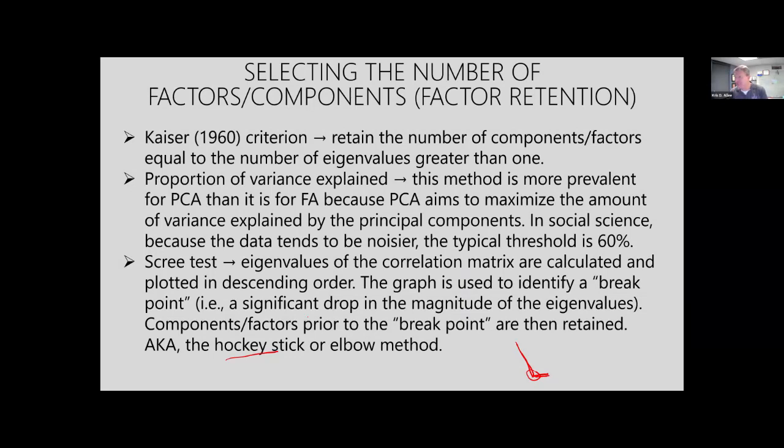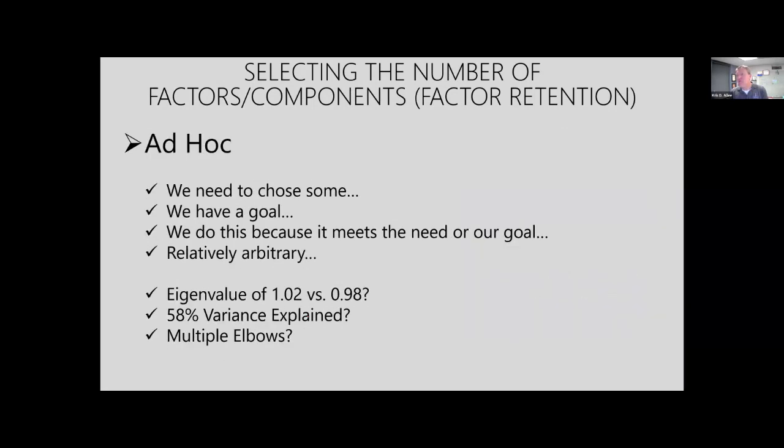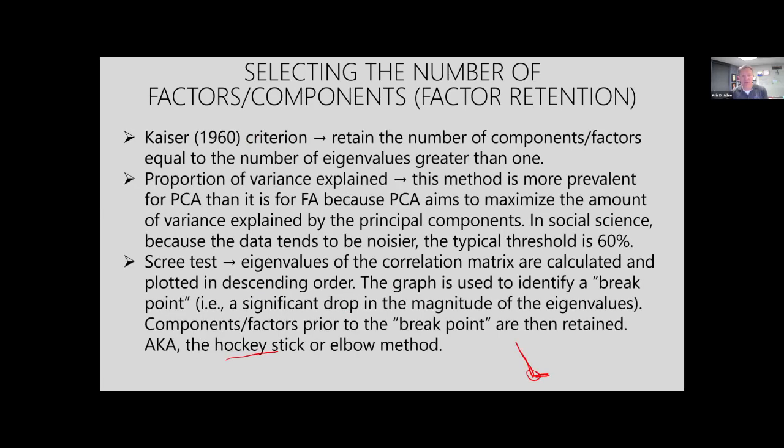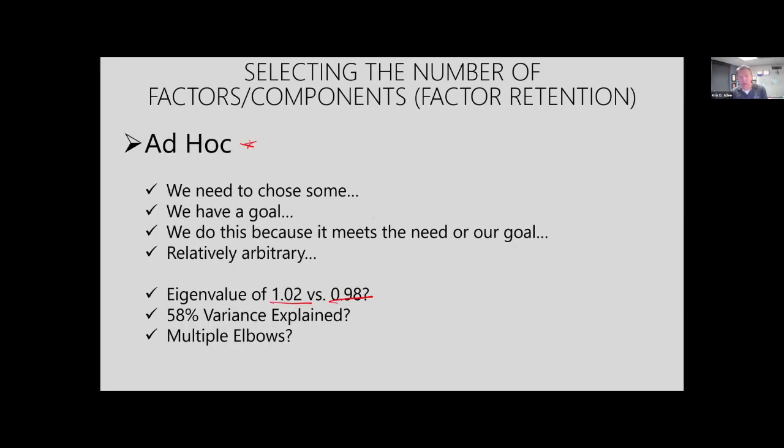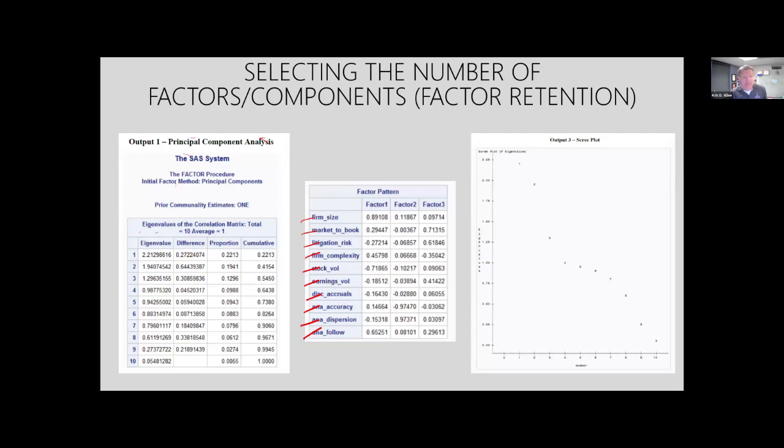Well, here's the problem. You're about to see the problem right in your face. This is relatively ad hoc. Why is this ad hoc? What if we have an eigenvalue in one case of 1.02 and the other one is 0.98? Using the Kaiser criterion, any eigenvalue greater than 1 is a factor. Anything less than 1 wouldn't be a factor. Now look at this. Here we have our different factors, and here are our eigenvalues.